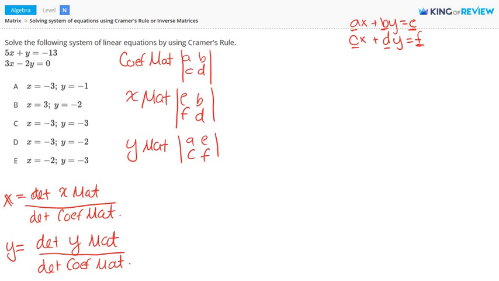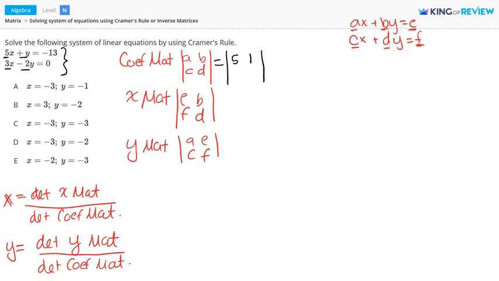So now that we know the setup for these three matrices, let's insert our specific values. Looking at our system of equations, the coefficients are 5, 1, 3, and negative 2.